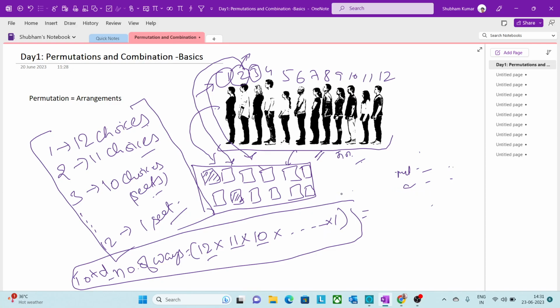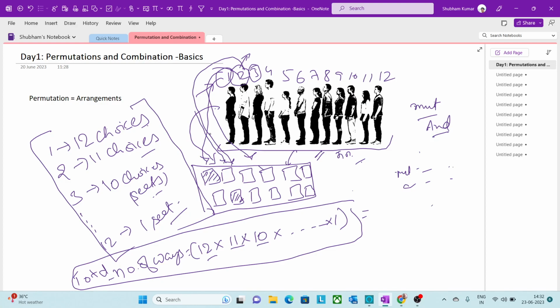Okay, so just for your understanding, we will multiply only when there is an "and" condition associated with it. See here, when person 1 is sitting and person 2 has to sit after 1, there is an "and" condition.